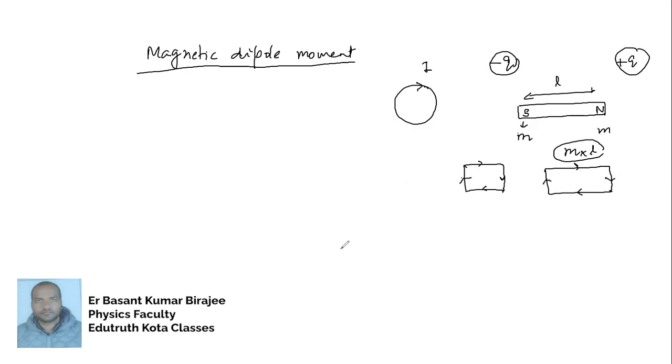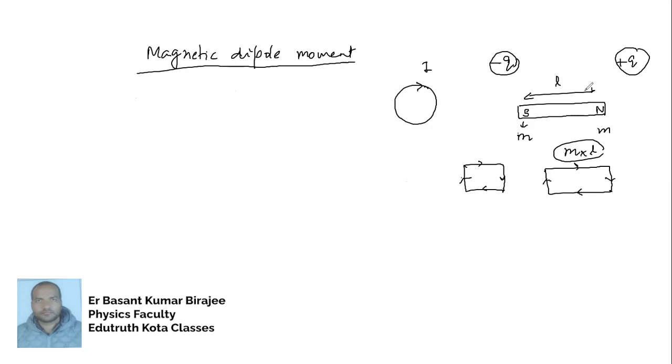So how do we calculate the magnetic dipole moment in the case of a current carrying loop? That we have to study here.